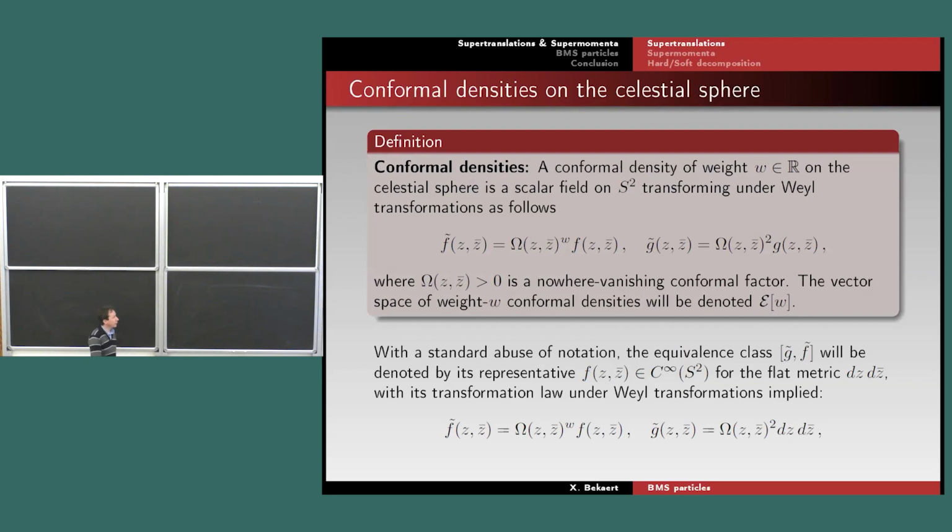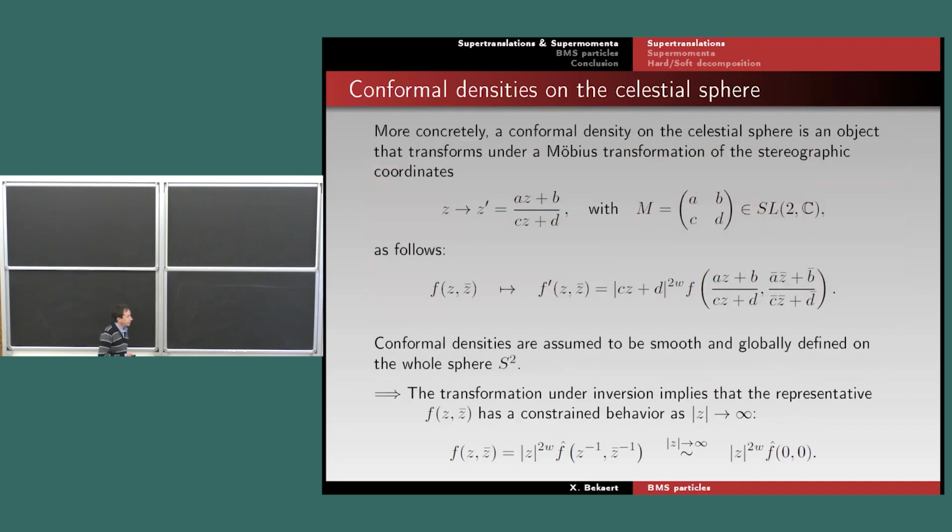Quite often I will use the standard abuse of notation: I take one representative, and I will always work in the flat metric representative of the conformal class, because formulas get much simpler. In practice we will mostly need the Lorentz group, so Möbius transformations, if I think about the sphere in stereographic coordinates. And they transform as follows, the weight W densities.